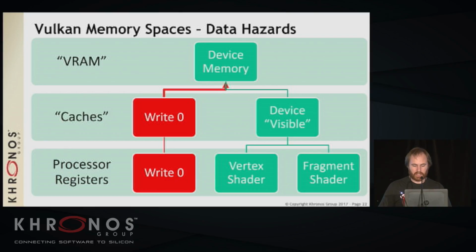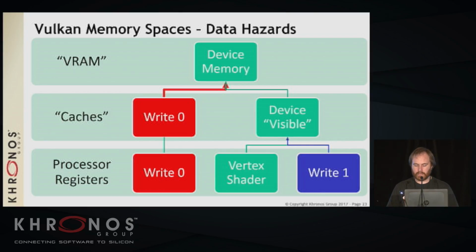Whenever you write something anywhere, it can, at any time and without warning, move to another memory space that's vertically adjacent. So you can kind of think about this in terms of a cache, which I've stopped here. A cache could flush its values at any time if something else has evicted it from the cache. And this is true for all of the memory spaces. So let's have a look at what happens if I also write to the same memory location in the same buffer from the fragment shader at the same time without any synchronization.